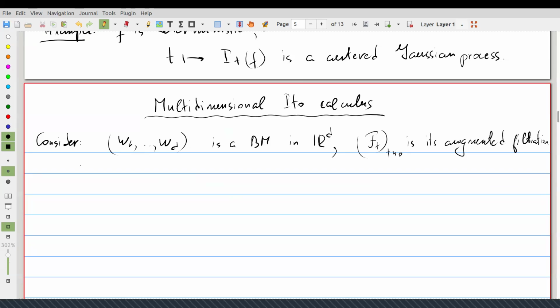And then we can consider, say, f_ij, where i ranges from 1 to n, j ranges from 1 to D, such that every one is in L2.